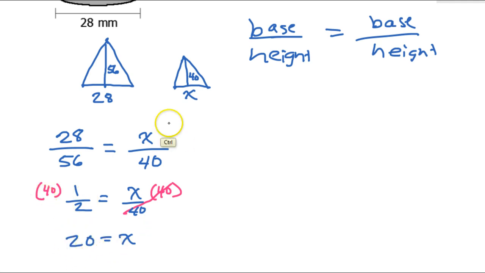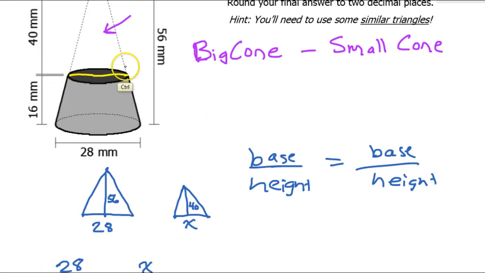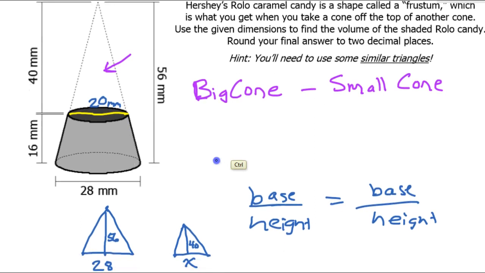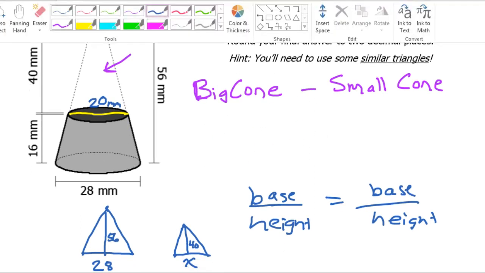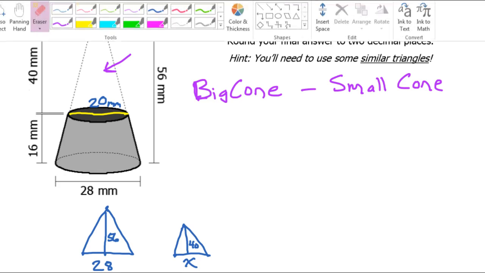So x is 20. What I just found was the diameter of the base turns out to be 20 millimeters. That's what I needed to be able to go back and solve the rest of this problem. So now let's go back and solve the rest of this problem.